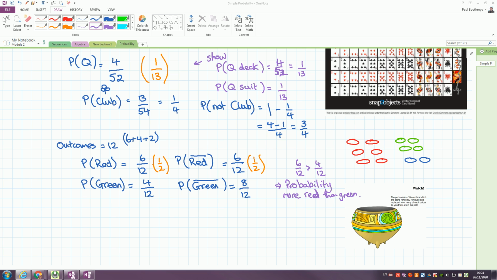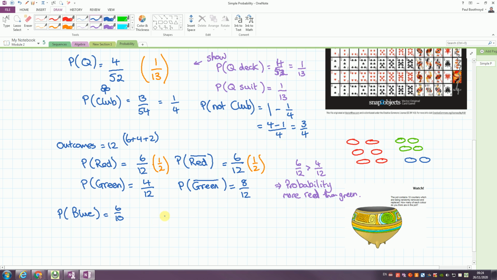Okay, so if I told you in this pot, you're told there are 10 beads, and the probability of a blue is 6 out of 10.